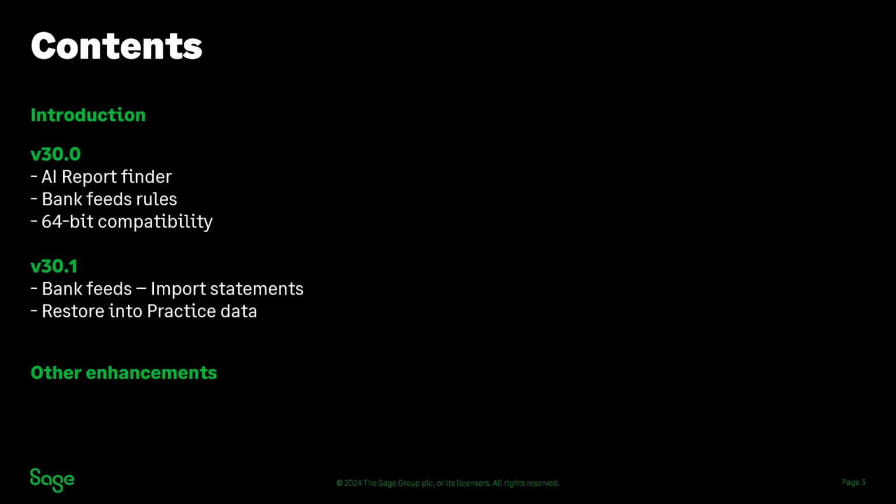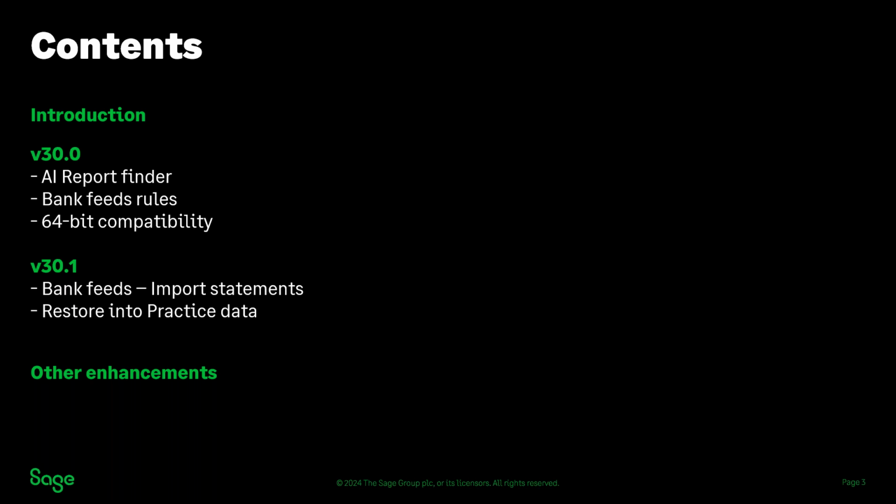Okay, so this is what we're going to be covering on today's webinar. We're going to introduce the version 30.1 installation information. Now we're not going to be going through the install itself, but there's just some things that you may need to consider before upgrading. We'll then move on to the version 30.0 release.